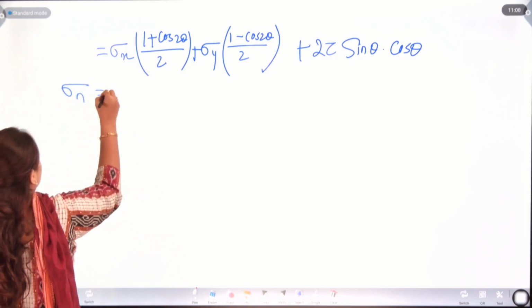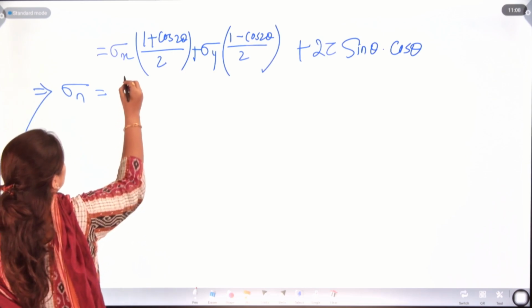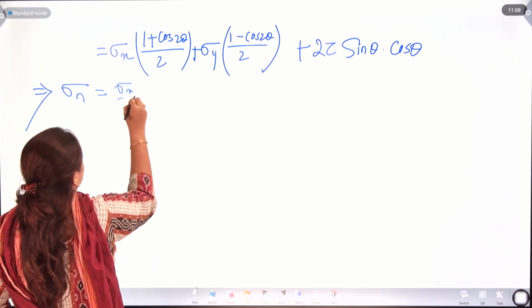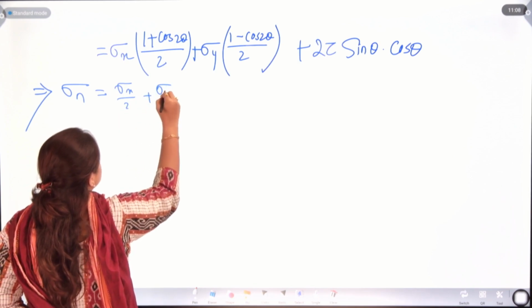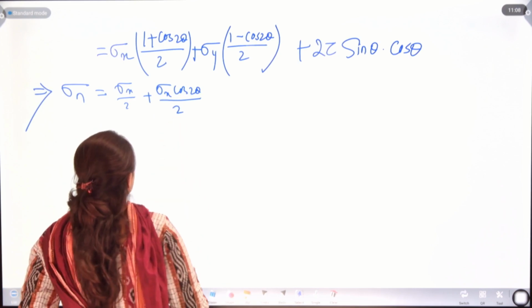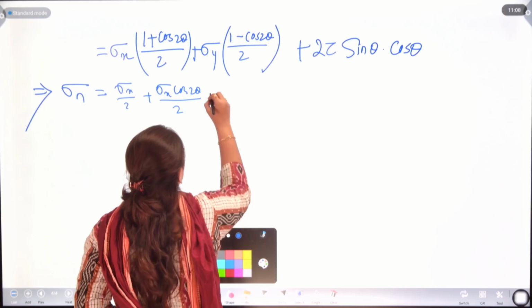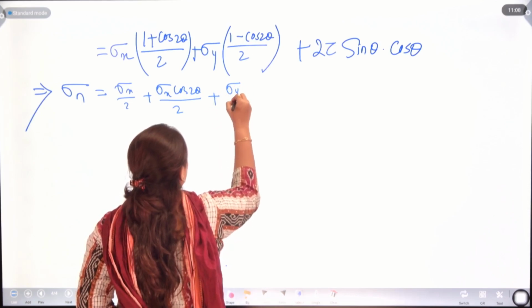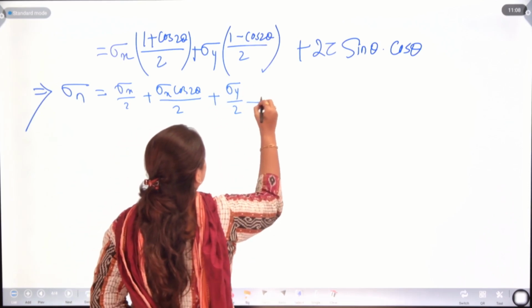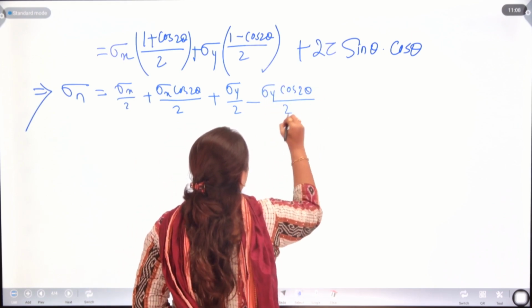So this sigma n will be, we can write, sigma x by 2 plus sigma x cos 2 theta by 2 plus sigma y by 2 minus sigma y cos 2 theta by 2.